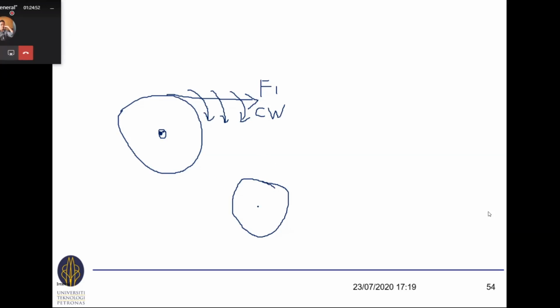Yes, indeed. And exactly, if you have F2 and you fix it in the middle, if you exert F2 on this side, this object, because it is fixed, cannot move, so it can only go in that direction. So this is counterclockwise.